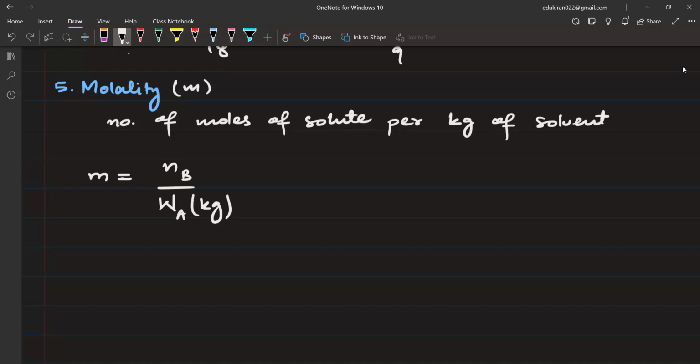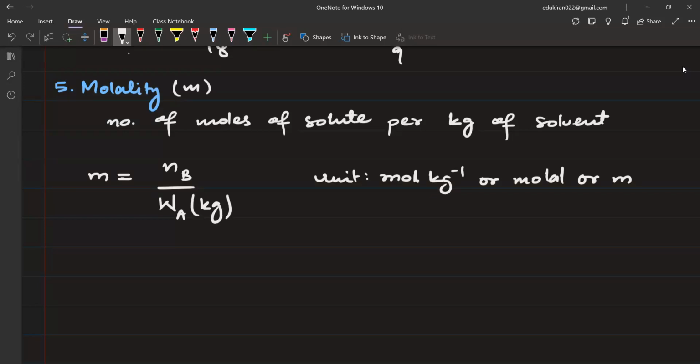So the unit will be mole per kg, or mole kg inverse, or we also call this molal, or we just write m as the unit. All of these can be used as unit.